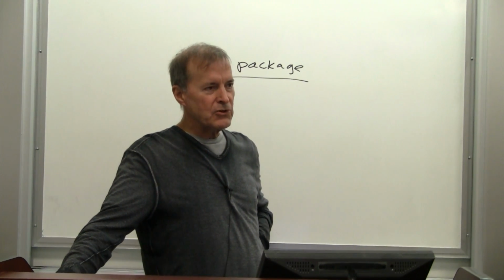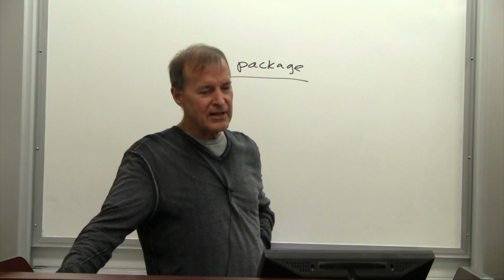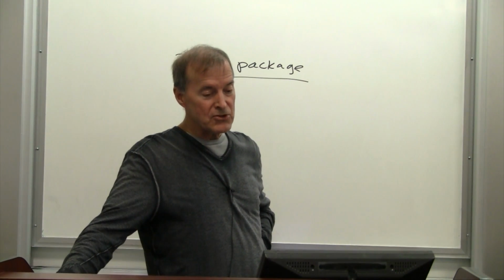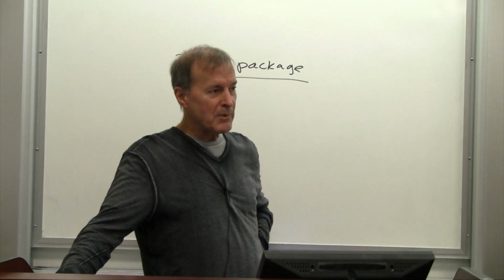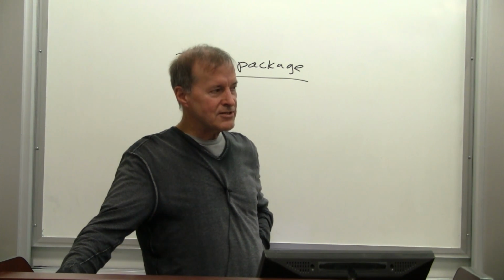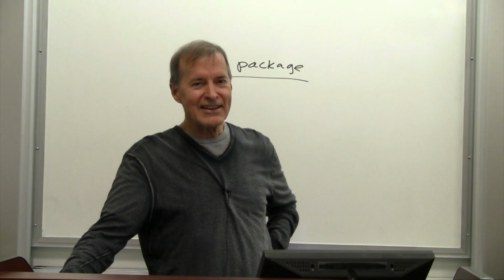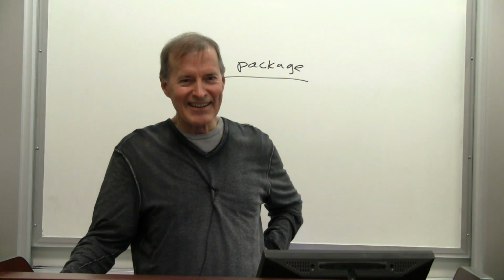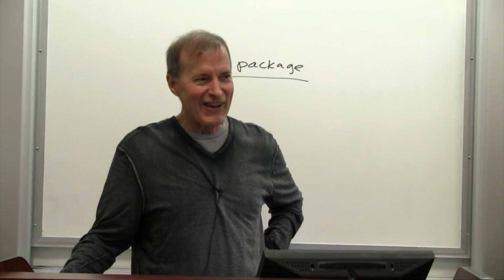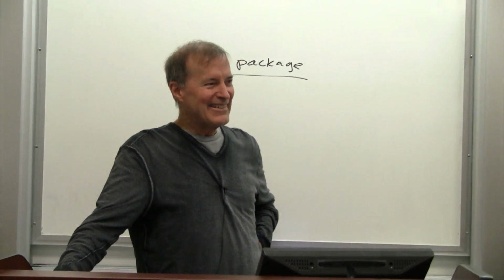Now, those of you who took data structures, I see that not all of you have, and that's fine. But those of you who did, do you remember when we did dictionaries? What's the key feature of a dictionary? A key value pair. Yeah.